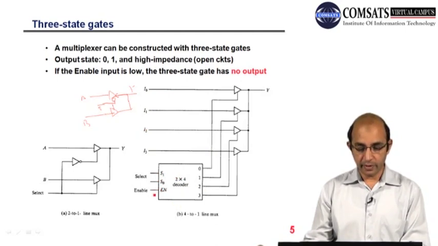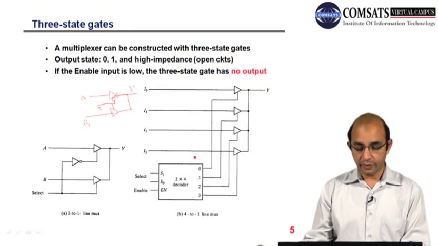Whenever enable is high, and we have S0, S1 as 0, 0, then 0 will be selected, or you can say I0 will be communicated to Y. Whenever 0, 1, then 1 will be high and I1 will be communicated to Y, and whenever we have 1, 0, 2 will be selected, or high, so I2 will be communicated to Y, and for 1, 1, 3 will be high and I3 will be communicated to Y, right?